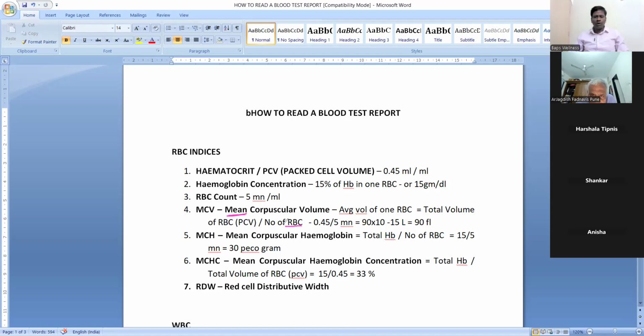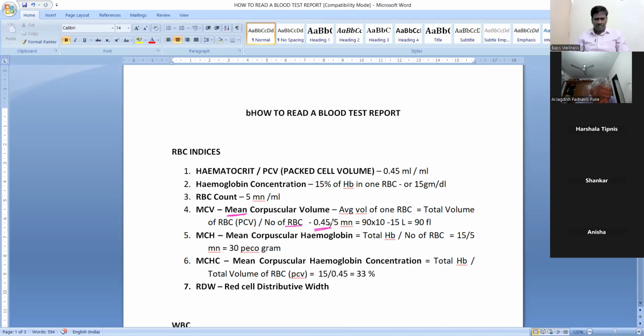Mean corpuscular volume. We have calculated around 0.45. That means if you take 1 ml, 0.45 ml divided by, in 1 ml, around 5 million red blood cells.